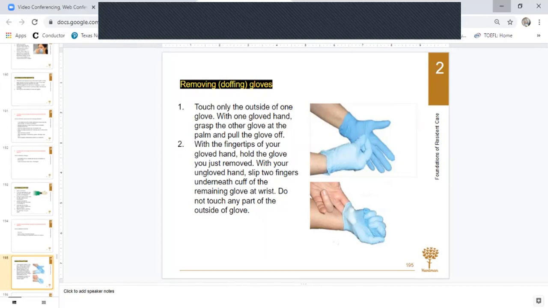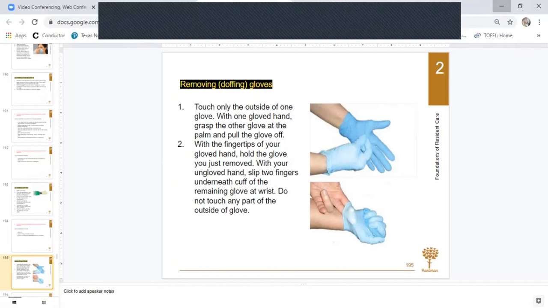Tuberculosis is airborne. There are other infections like MRSA, methicillin-resistant Staphylococcus aureus, which is spread through direct contact. VRE, vancomycin-resistant enterococcus, is another bacteria spread through direct contact. So it's important that you understand how these bacteria and viruses are spread so you know what measures to take.